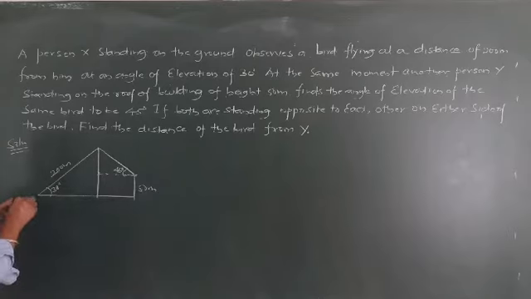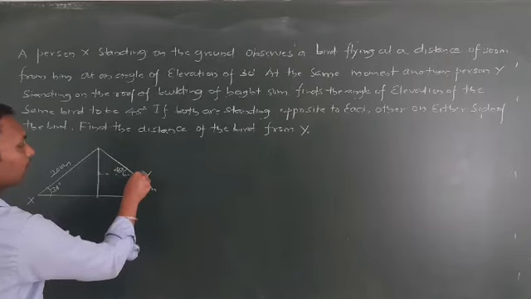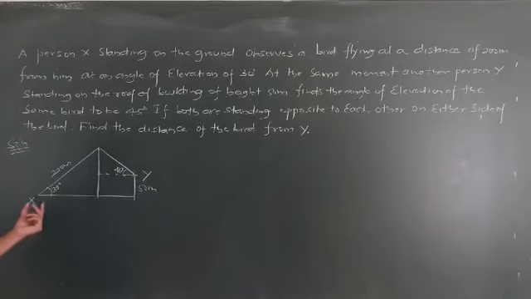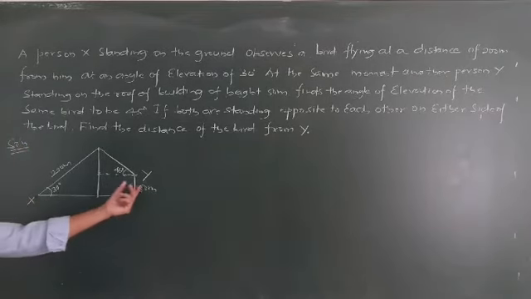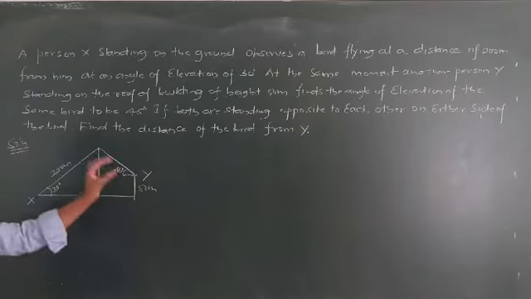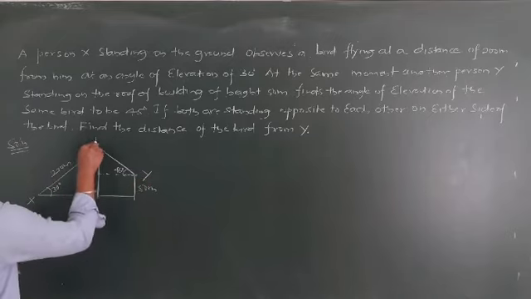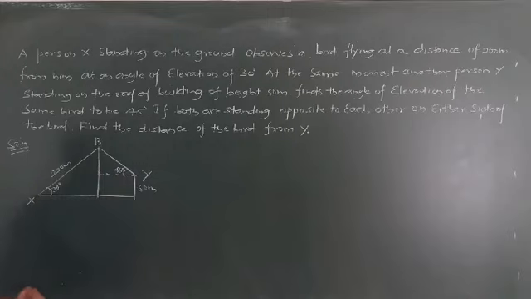This person I'll call X, and this other person I'll call Y. So X is one person and Y is another person, and the bird is here. You can take this as B, the bird.